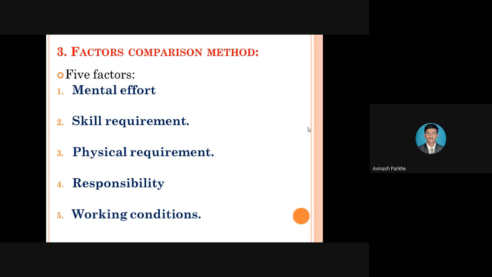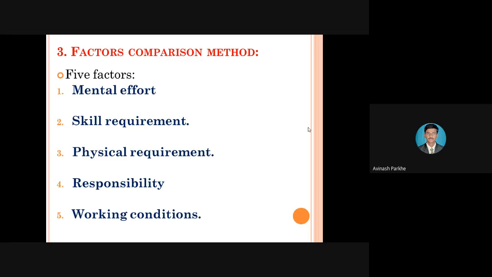Also, in the factor comparison method, some key jobs are identified. What is meant by key jobs? Whenever we manufacture one component and compare it with the standard one, that standard component is called a key job or key component.